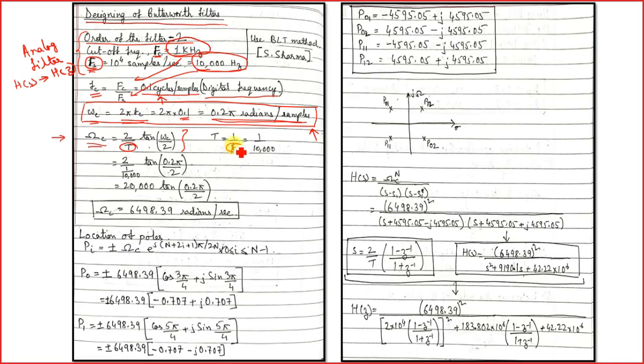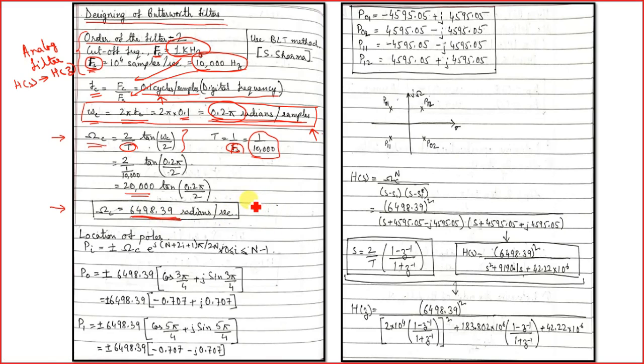So Fs is given, and from here we get T equals 1 by 10,000. If you put it in, we get 20,000 tan of 0.2 pi by 2, where omega c is the 0.2 pi we calculated. From here we get the analog cutoff frequency of 6498.39 radians per second.